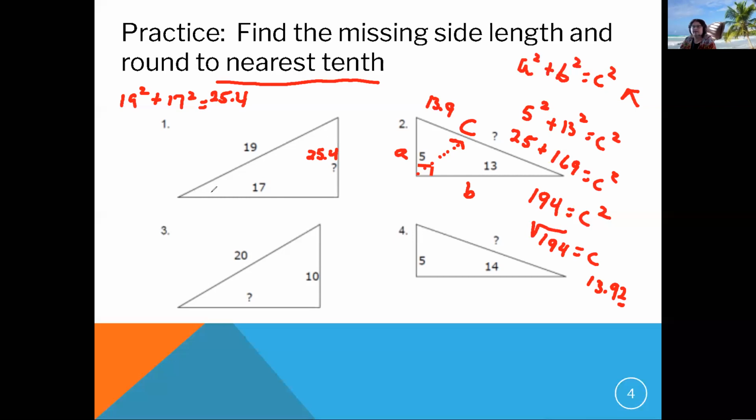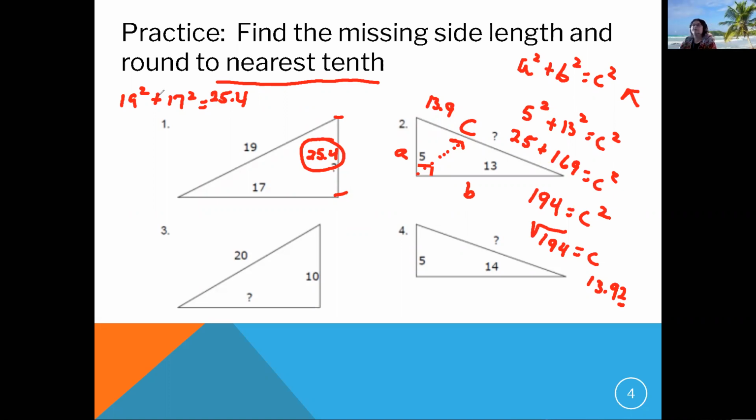Across from the 90 will always be the longest side. But now you're telling me this little side is longer than 19? No. It has to be the smallest side.